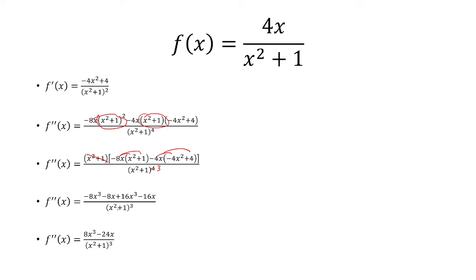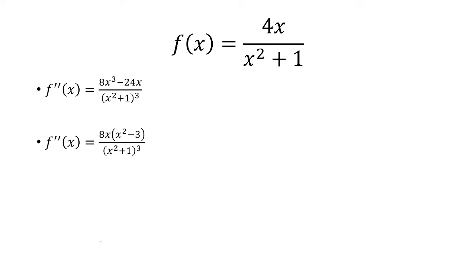And so the top is going to simplify. Well, 16x cubed minus 8x cubed is 8x cubed. Negative 8x minus 16x is negative 24x. So that's going to be my second derivative. And it's probably better just to factor it out, easier to work with. You can factor out an 8x.